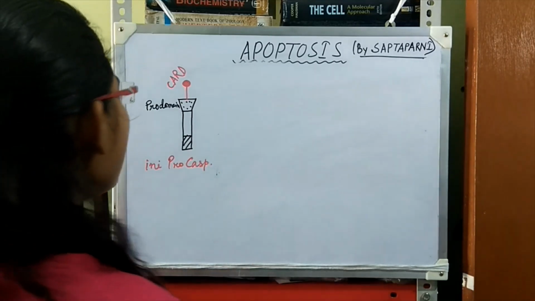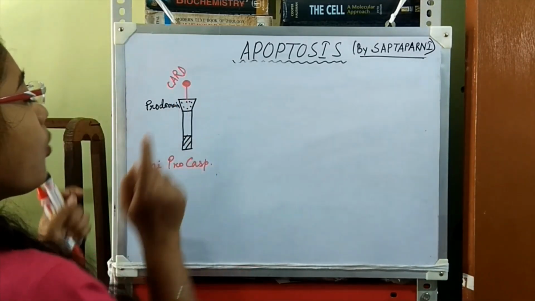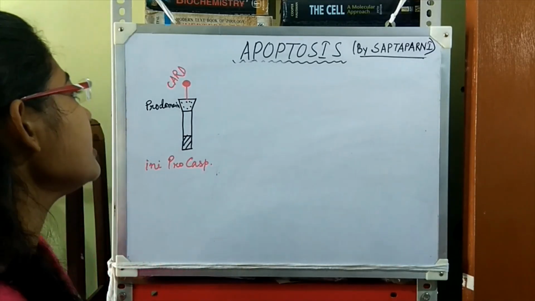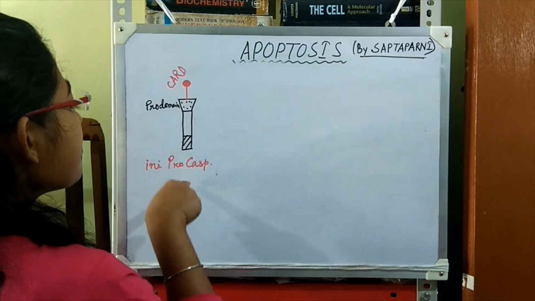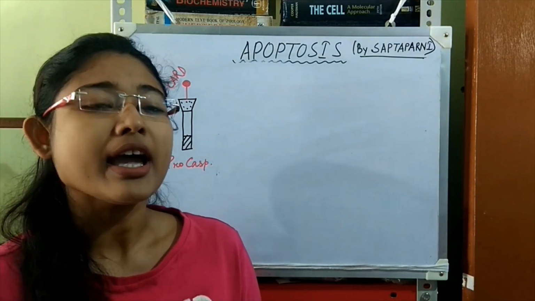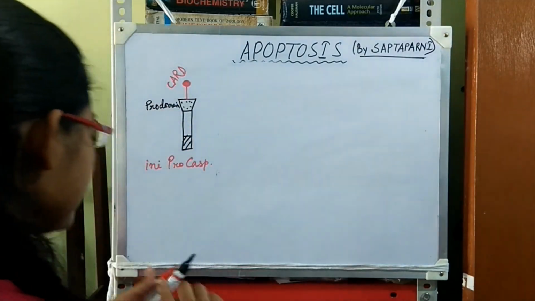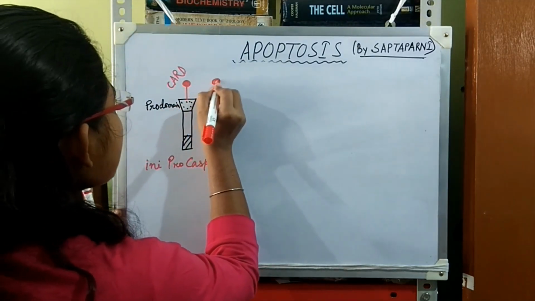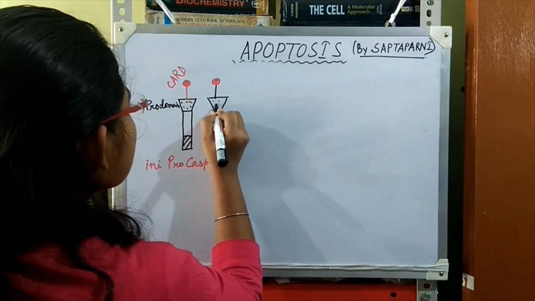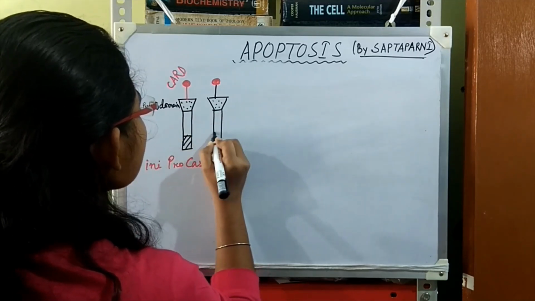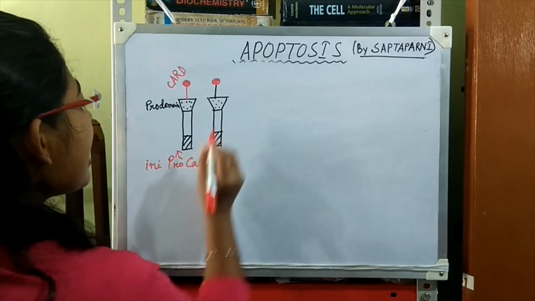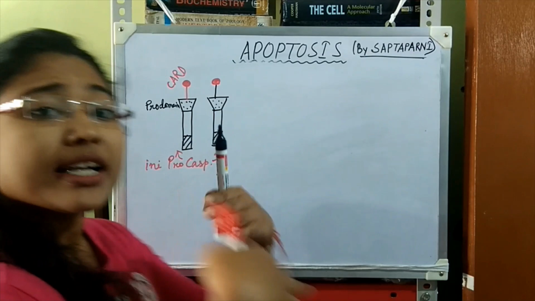Now, this CARD domain, when it interacts with an adaptor protein, helps the procaspase come close to another initiator procaspase and form an activation complex like this. So now two initiator procaspases are in close contact, and these two procaspases will cleave each other.